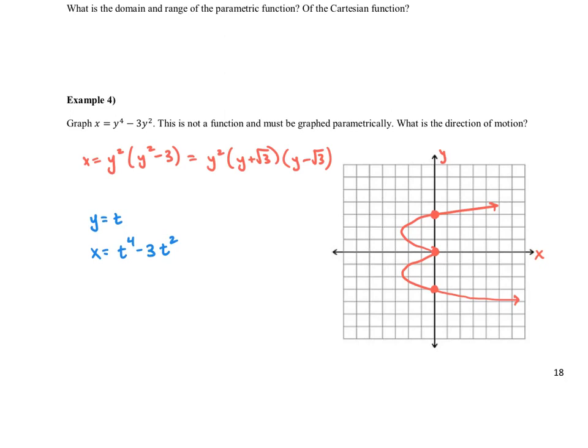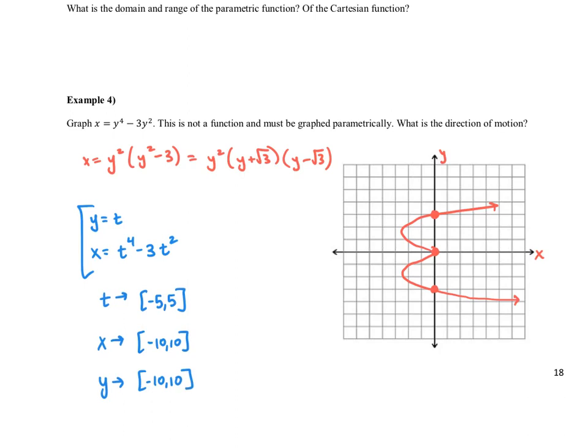So if you were in your parametric mode in your calculator, you could type this in, and you could actually graph this particular parametric function on your calculator. On my calculator, I let t go from -5 to 5, and I let x go from -10 to 10, and y go from -10 to 10.